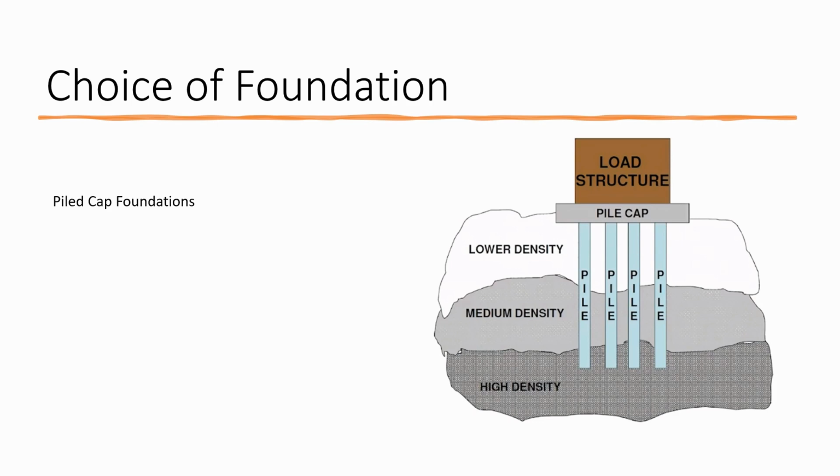This foundation will enable the superstructure to be built upon a pile cap, and the piles will be driven to a depth in order to transfer the load of the structure to the stiff ground beneath with a higher bearing capacity, and it will also combat any soil settlement that may take place due to the water table.